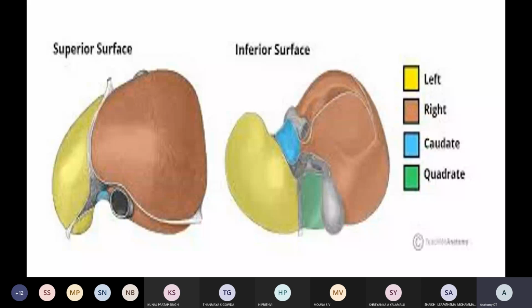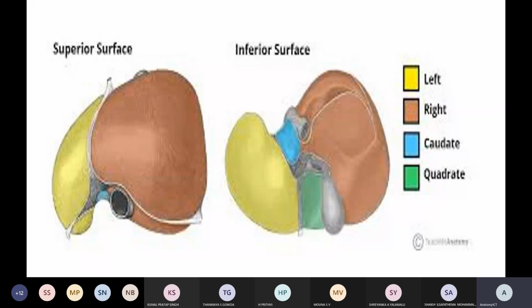Now, what are the relations of this inferior area of the liver?